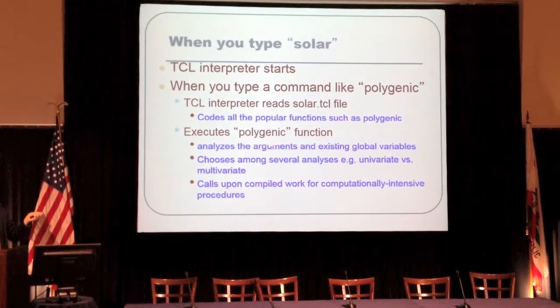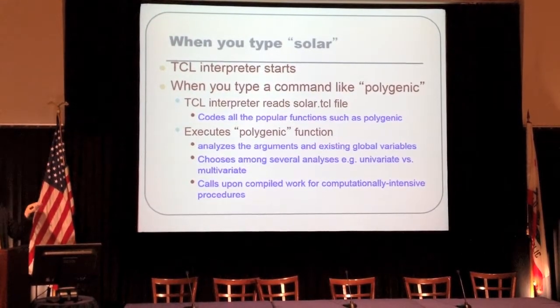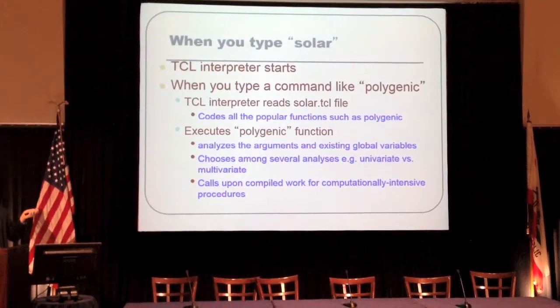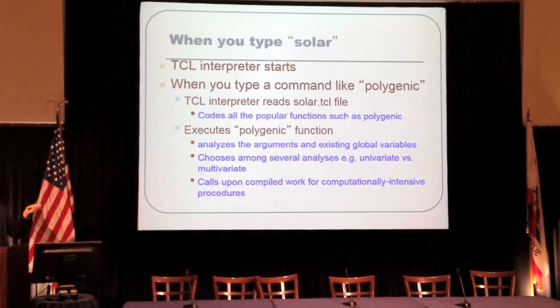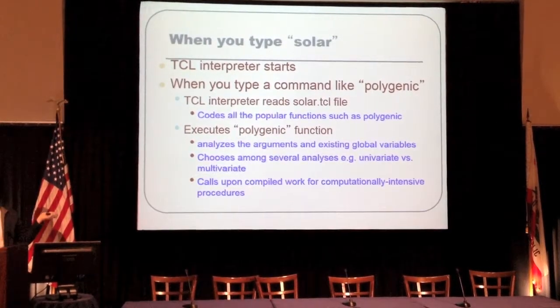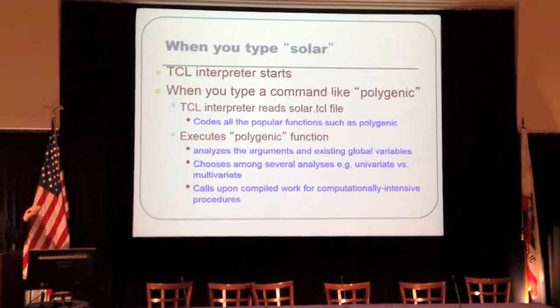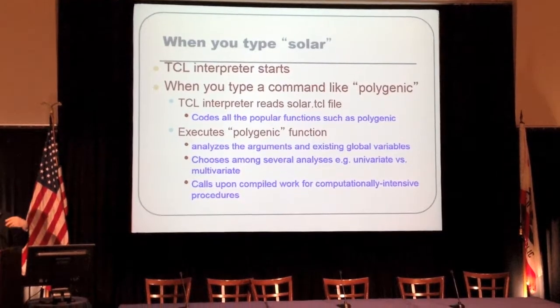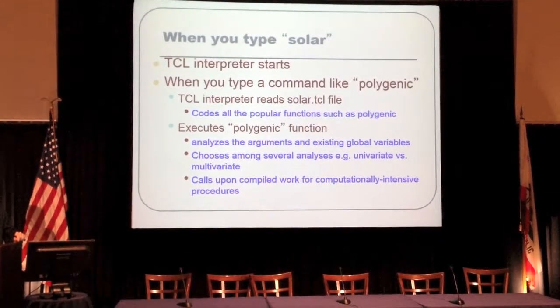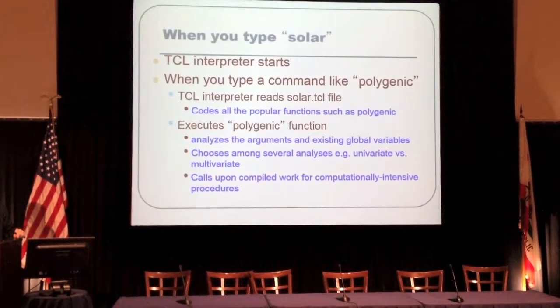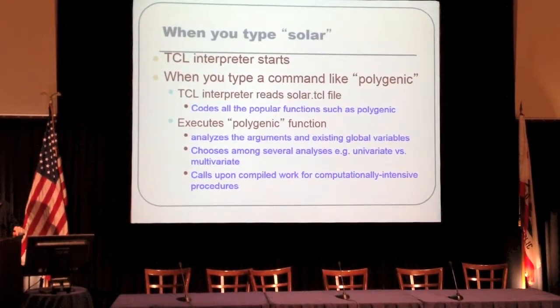Then it executes the TCL function called polygenic in the solar.tcl code. The solar.tcl code is actually freely readable with any text editor. So if you're interested in modifying the upper level genetic analysis, by all means go at it, because it can be done very, very easily, and I'll show you how to do it.